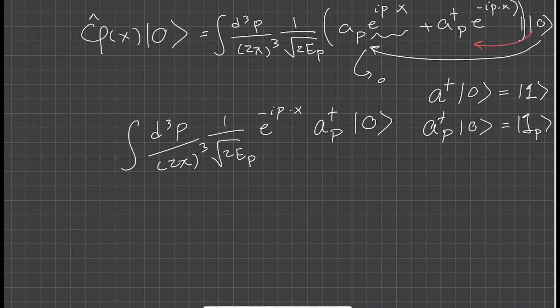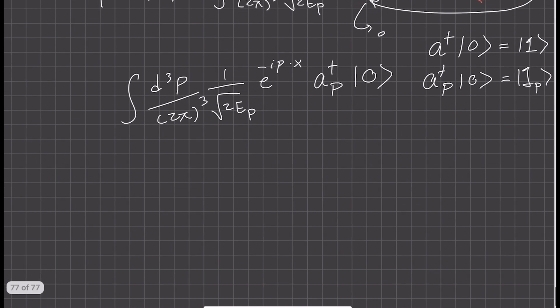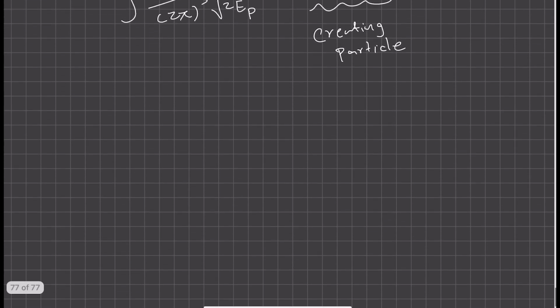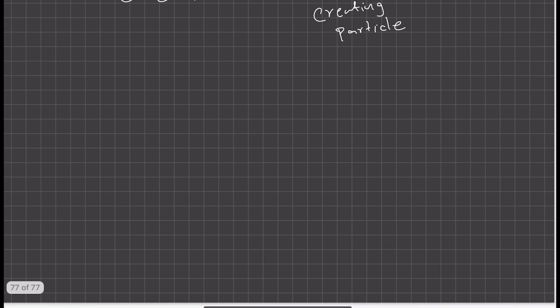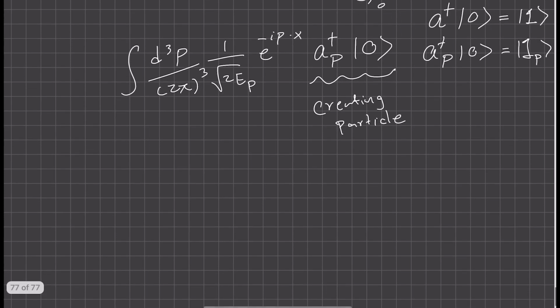That means we are creating one particle with the momentum p. So a† creates a particle with the momentum p, one particle. So this is the recipe to create a particle out of vacuum.